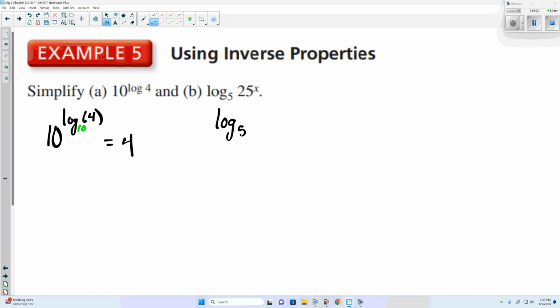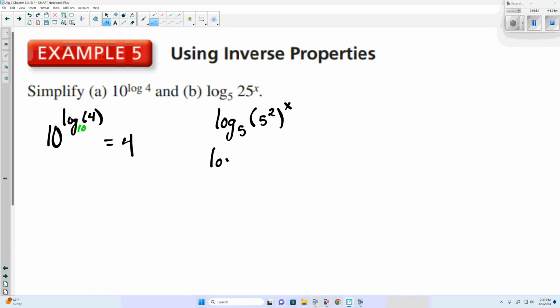Log base 5 of 25 to the x, yes? Well, it would be nice if we could rewrite 25 as 5 to a power, yes? Can we do that? What would it be? 5 to the second power, yes? Because this is nice because log base 5 of 5 squared would just be 2.